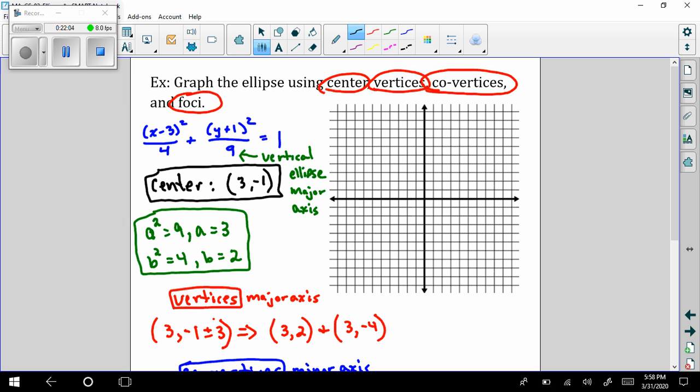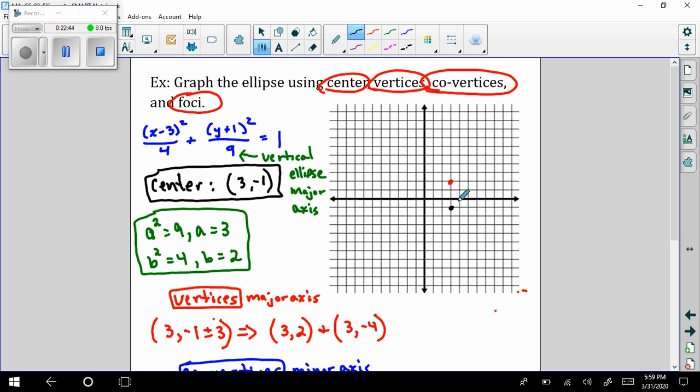So I have a center at 3, -1. I have vertices at 3, 2, and 3, -4. I've got my center one too far down. Pretty bad when you screw up the very first part of this.